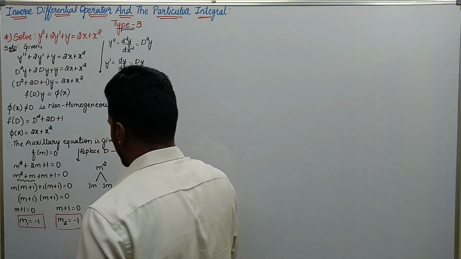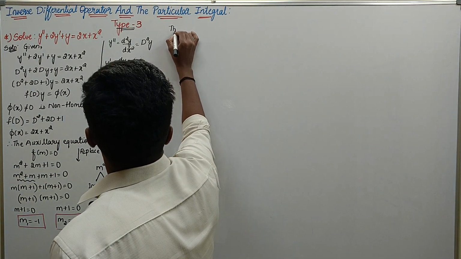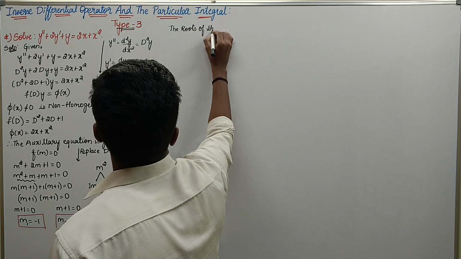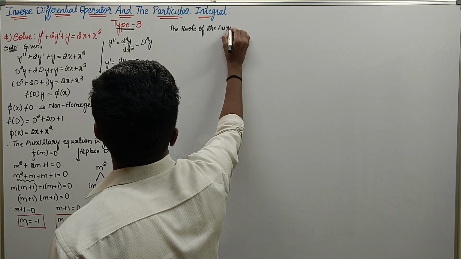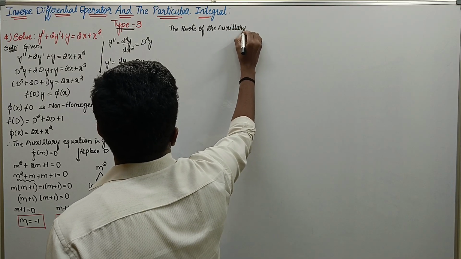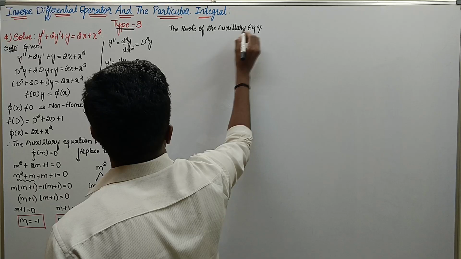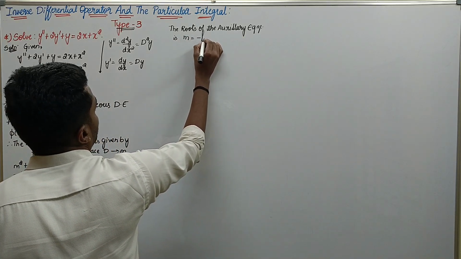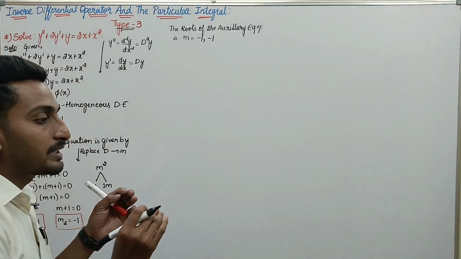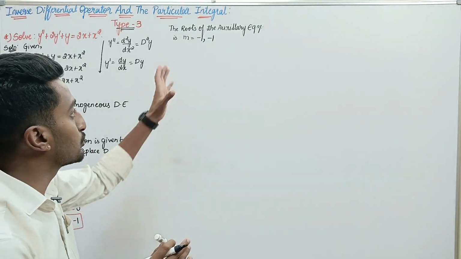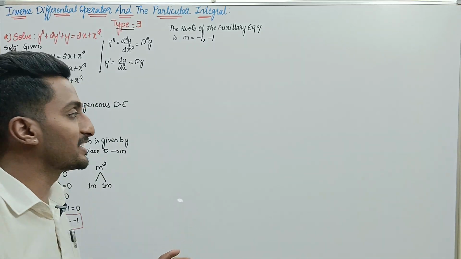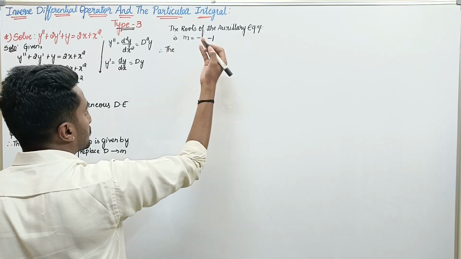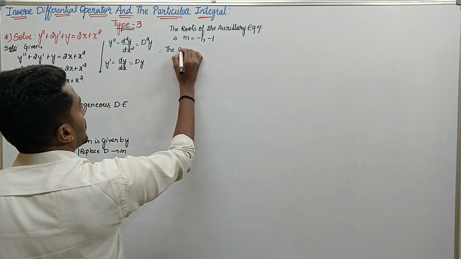Then after this, the roots of the auxiliary equation are m equal to minus 1, minus 1. We have real and coincident roots. Considering these roots, we represent the complementary function.